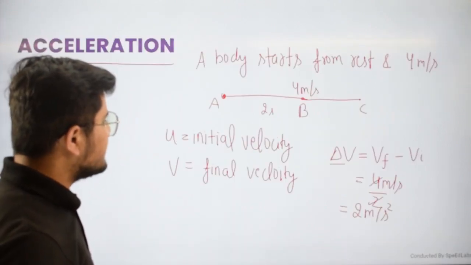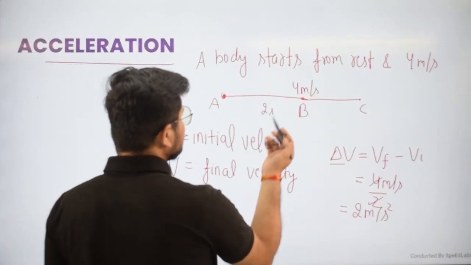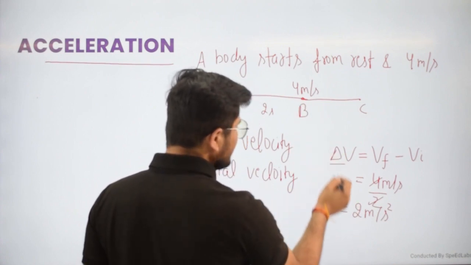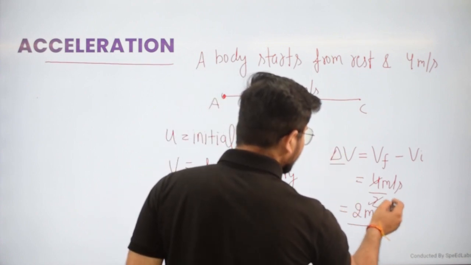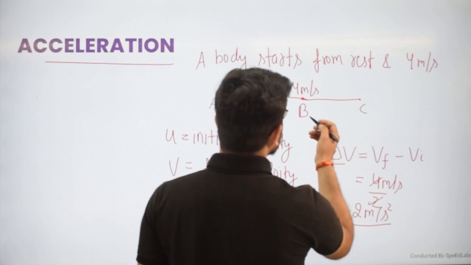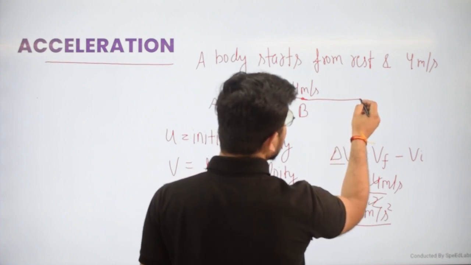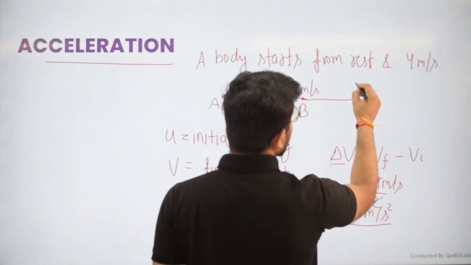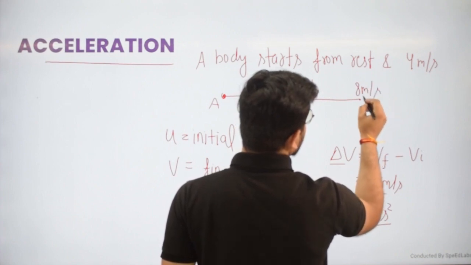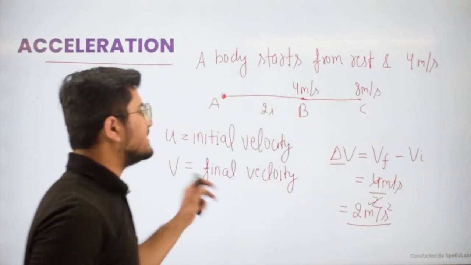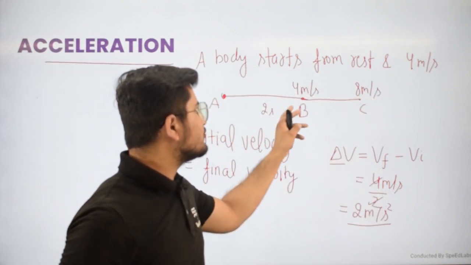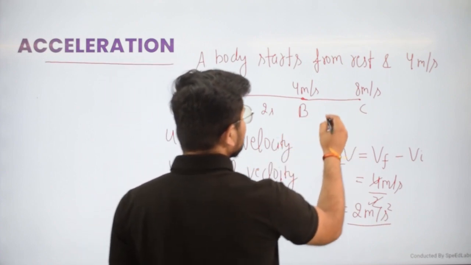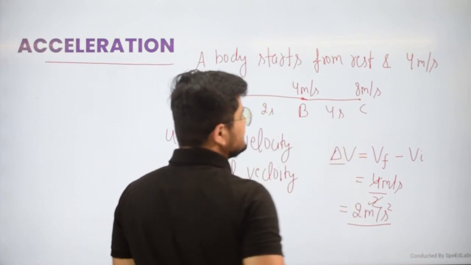Now moving ahead. From A to B, the acceleration was 2 meter per second square. Now the body is again moving from point B to C, and the velocity there is 8 meter per second. When he moved from B to C, the time he took was around 4 seconds.